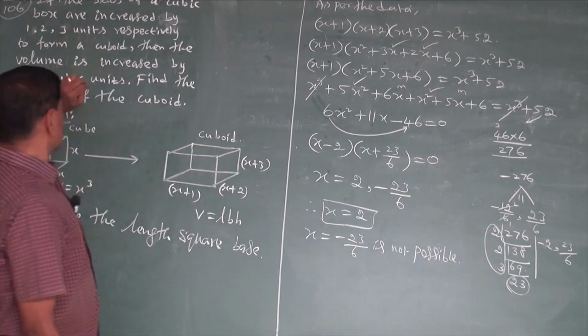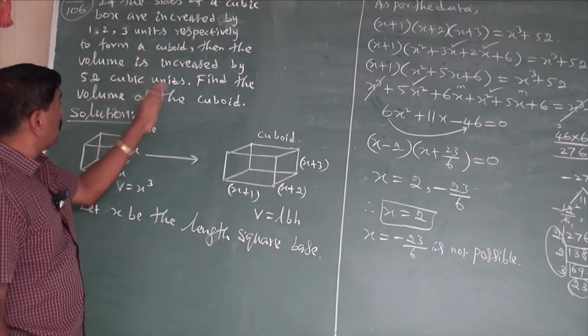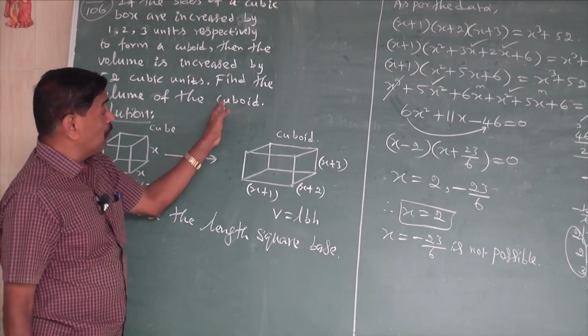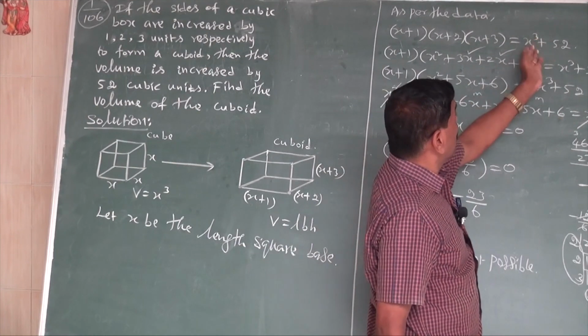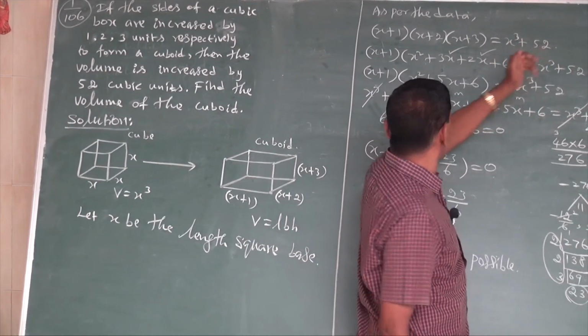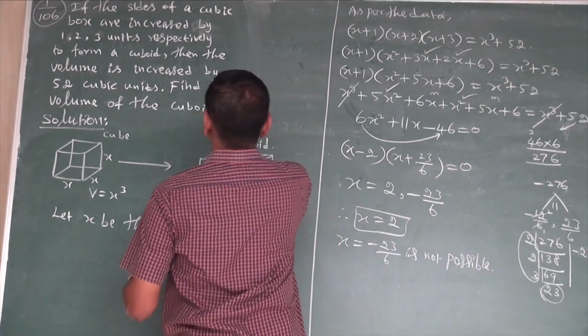Now come to the question. We are asked to find the volume of the cuboid. The volume of the cube is x cube, and the volume of the cube is increased by 52 to become a cuboid.